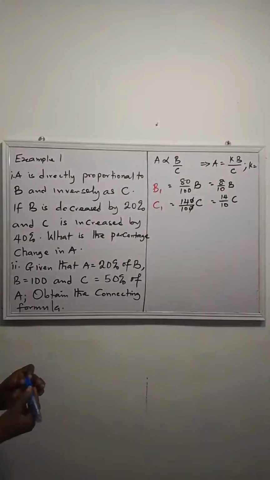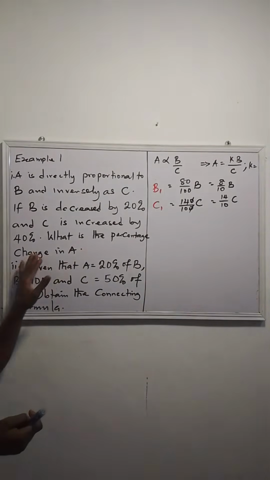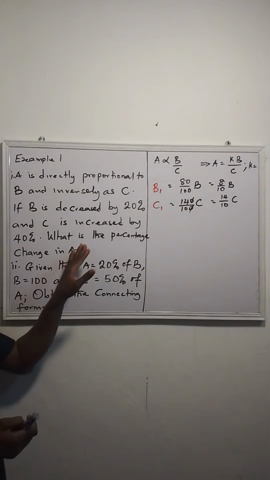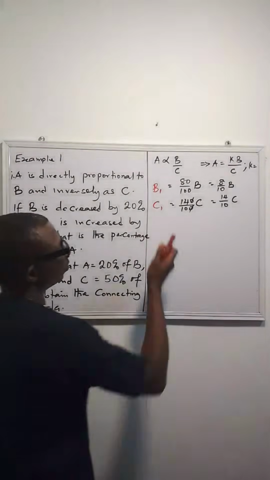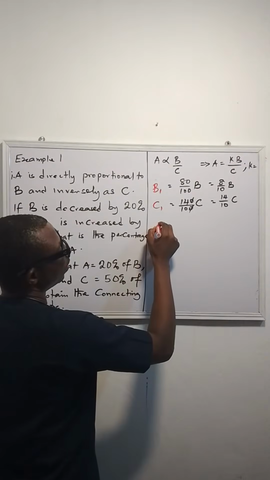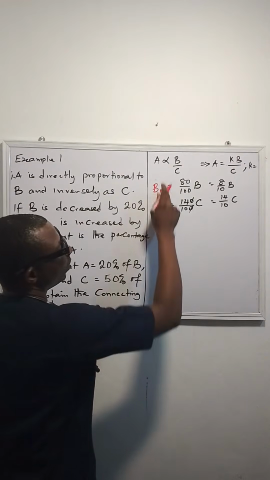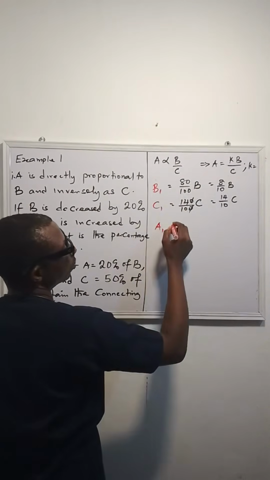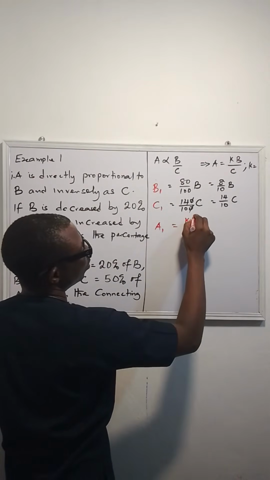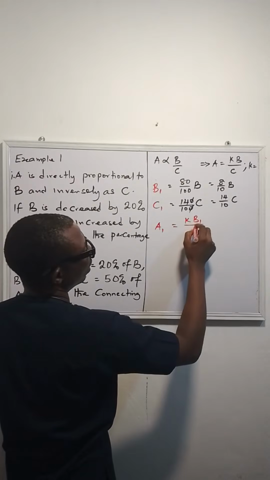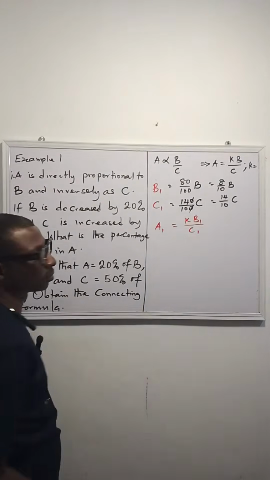Now the question wants us to get the percentage change in A. So we need an expression for the change in A. Let's call it A1. Making use of this relationship, A1 equals K B1 over C1.